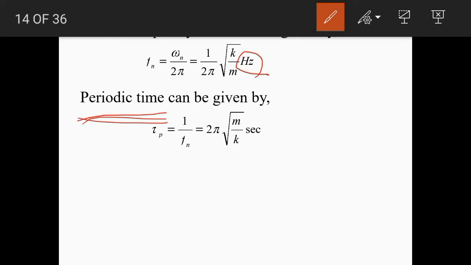So it is the inverse of the frequency in hertz. Ultimately, the time period tau p can be written as 1 upon fn, which is equal to twice pi times the square root of m by k seconds.